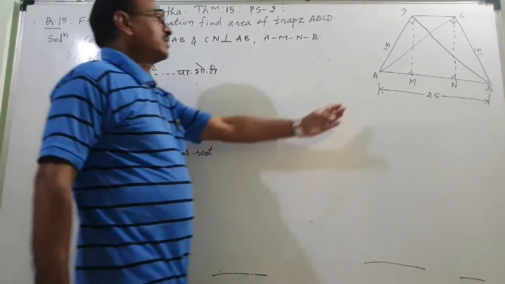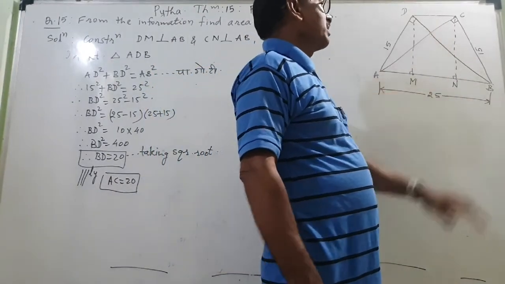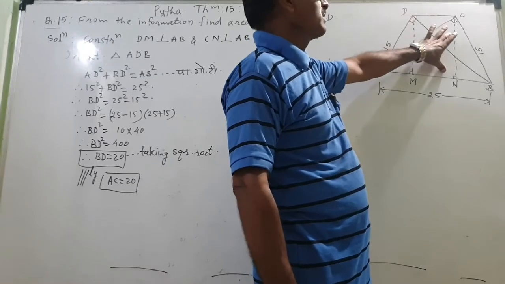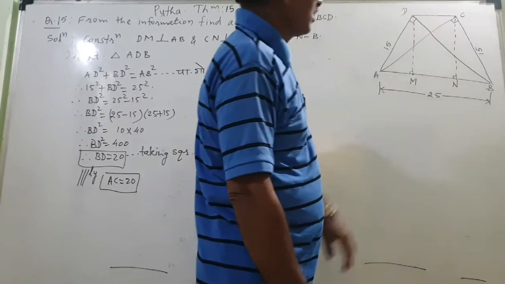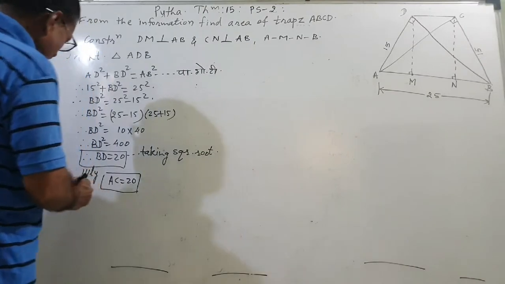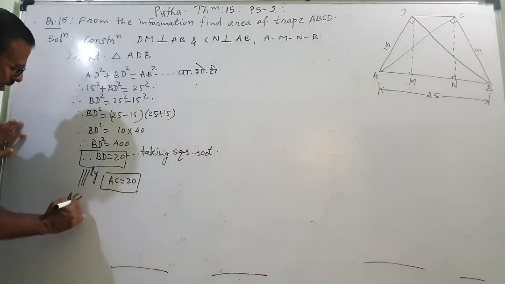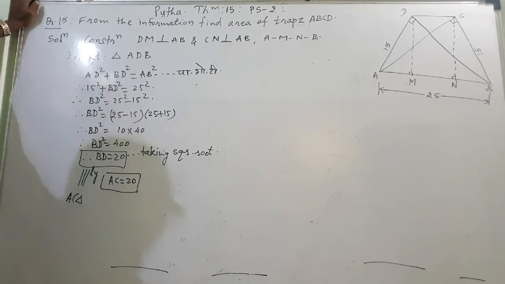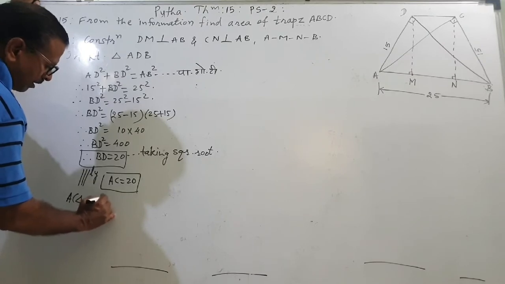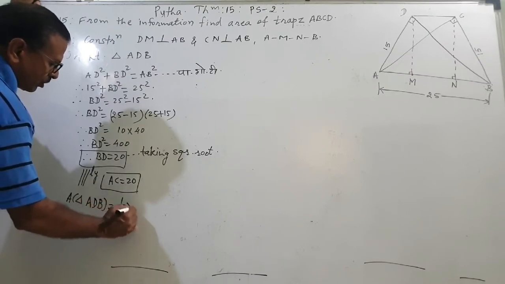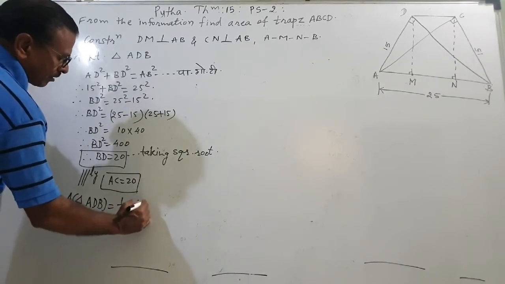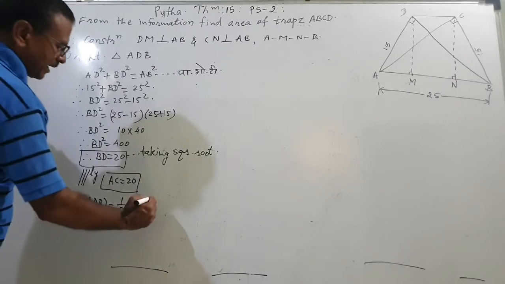Okay. AC is also 20. This is also 20. Now I am interested in this. This or this, same it will be. So if I take the area of this triangle, area triangle ADB is equal to 1 upon 2 into base is AB into height is AD.